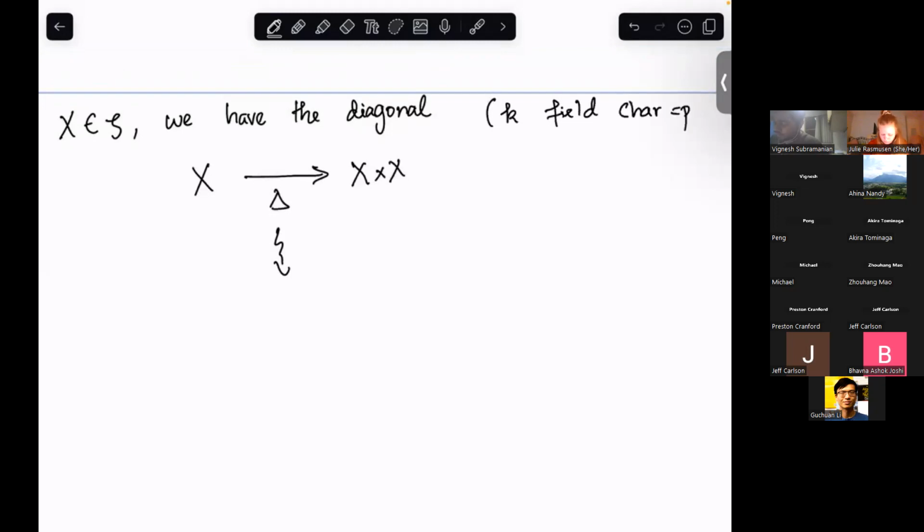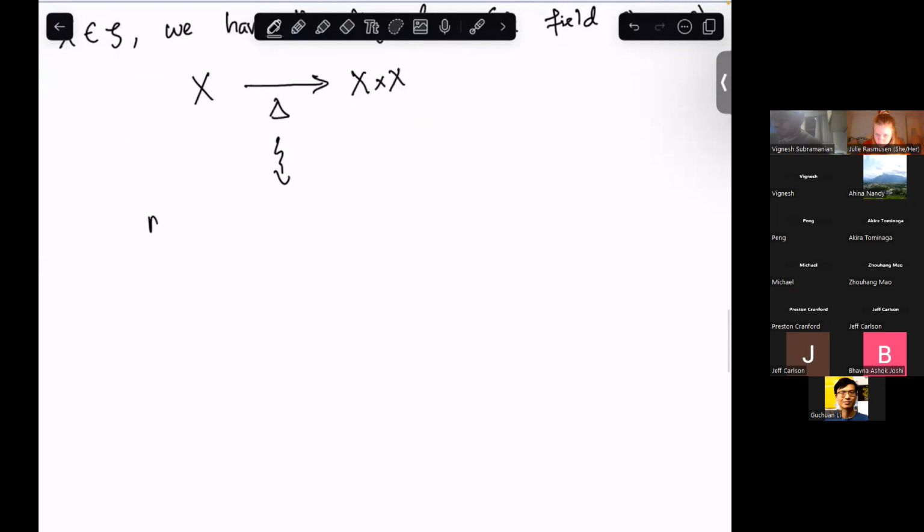Whatever I'm going to say is valid for other characteristics as well, but I will restrict myself to characteristic 2. So the diagonal map gives you a multiplication at the level of cochains.